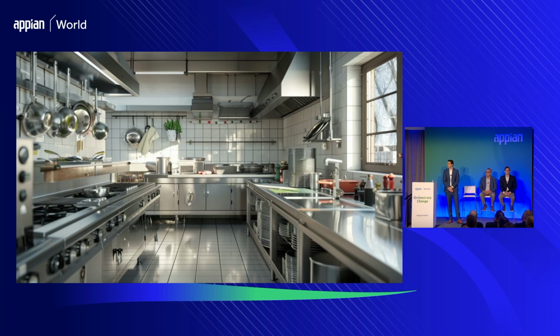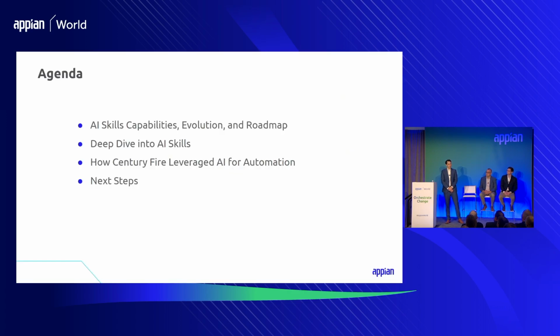So think of the AI skill like a team of cooking helpers organizing your business data, or in this case, your kitchen tools, so you can cook dishes or create business insights for your customers or users faster. That's what we're going to talk about today: the AI skill, its capabilities, its evolution, and some upcoming features that we have.